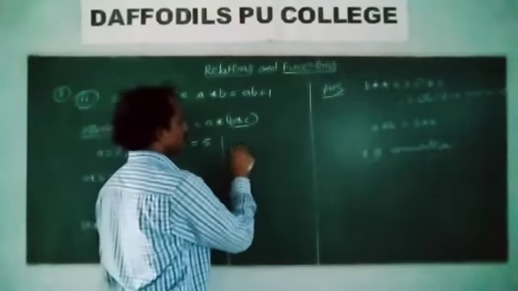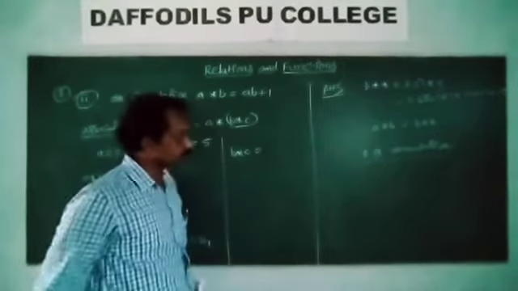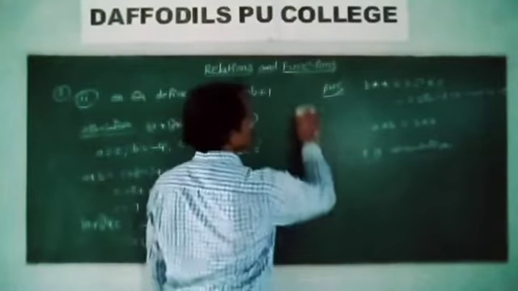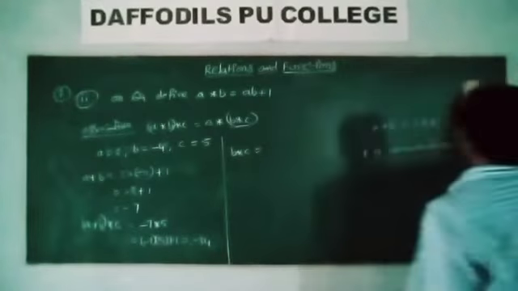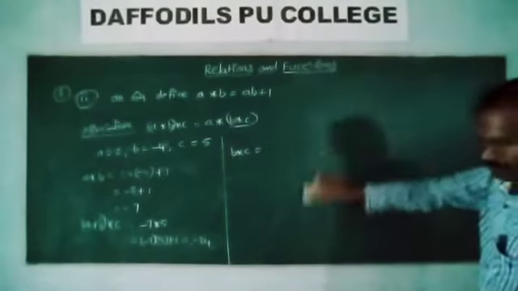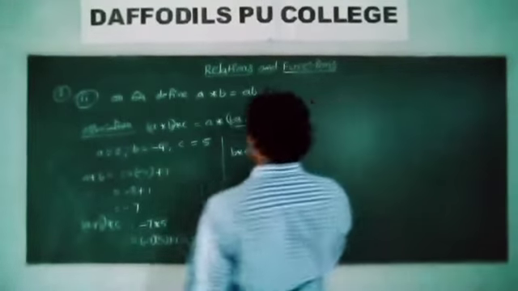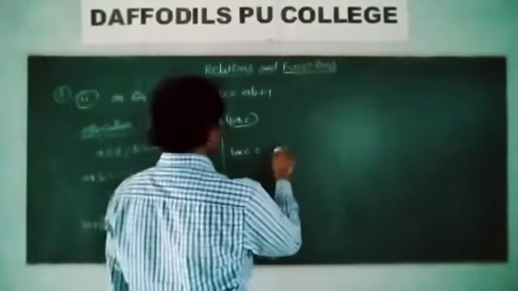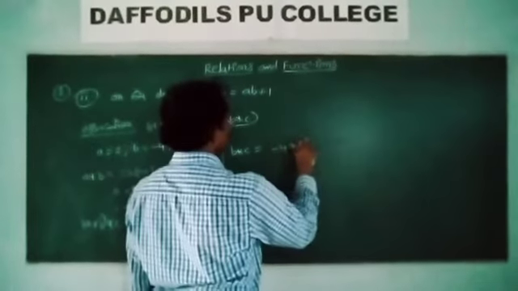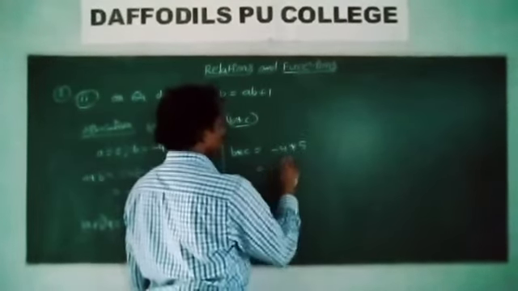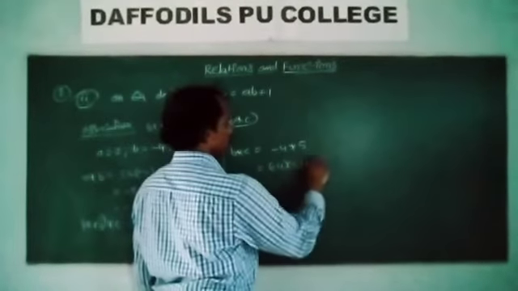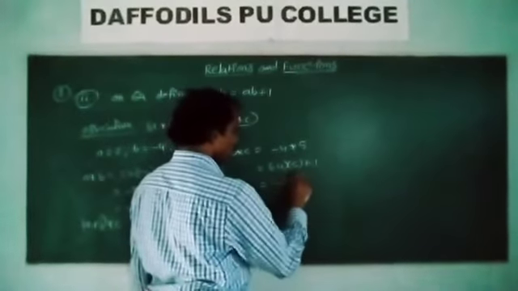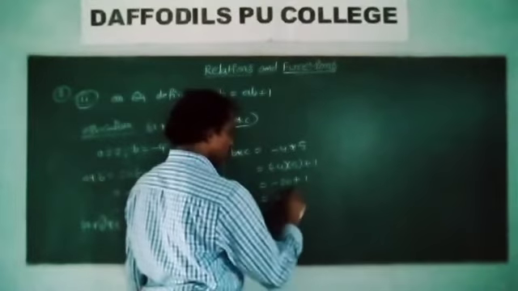What is the bracket value? B star C. What is B? -4. -4 star 5, so -4 into 5 plus 1, -20 plus 1, -19.